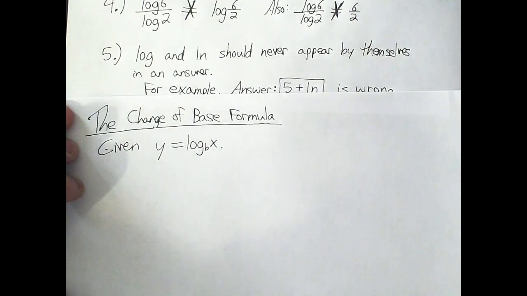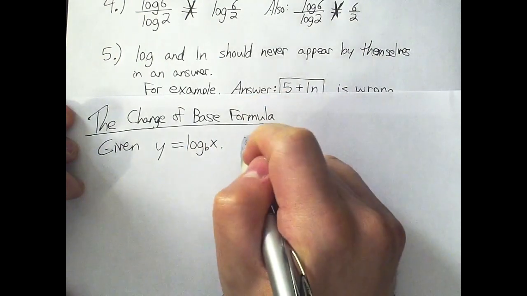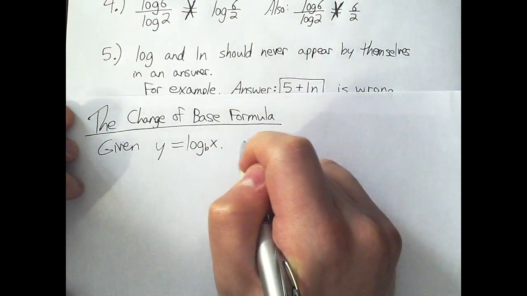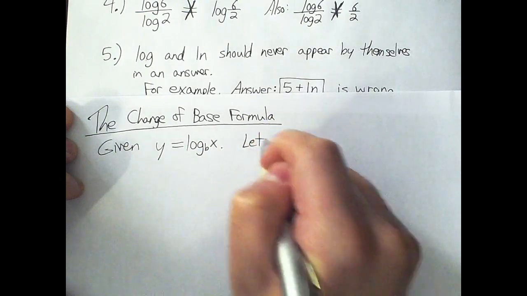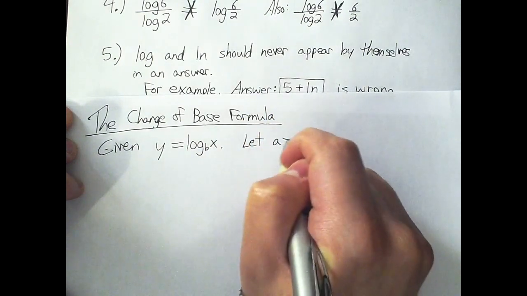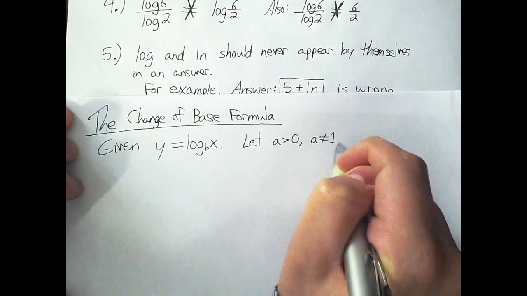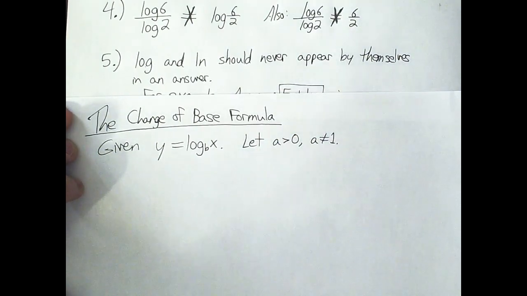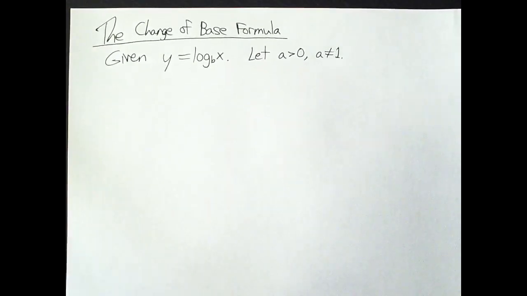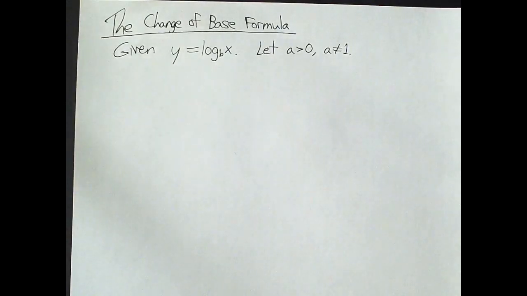It's no big deal. Let's suppose that a is some other number, you know, greater than 0, not equal to 1, some kind of base. All right, I'm going to use this to derive a little rule.